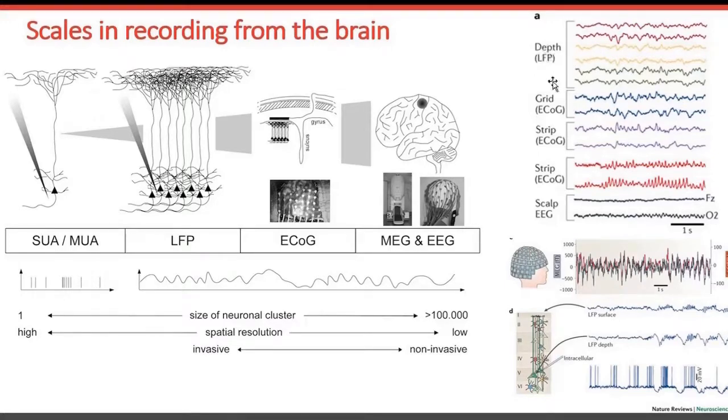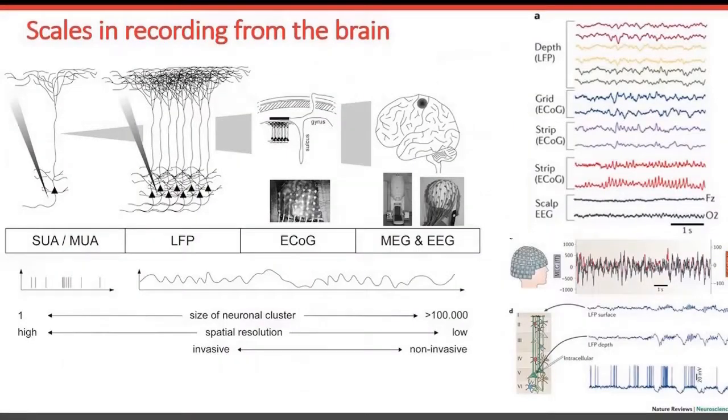LFP stands for local field potential recordings, which correspond to the recording of electrical current from the activity of a group of brain neurons within a small region of the brain. While ECoG, electrocorticography, represents recording over a large area of the surface of the cerebral cortex of the brain.